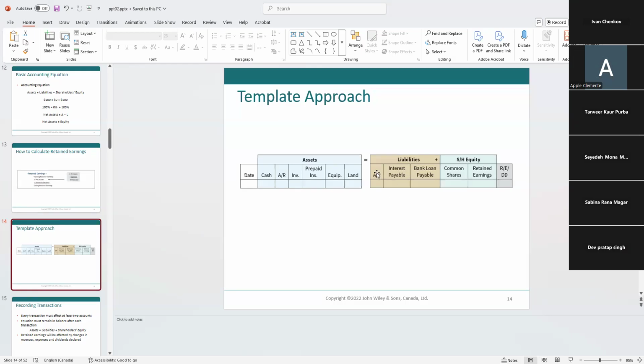Liabilities: accounts payable, interest payable, bank loan payable. Shareholders' equity: common shares, retained earnings. And then revenue, expenses, and dividend declared.